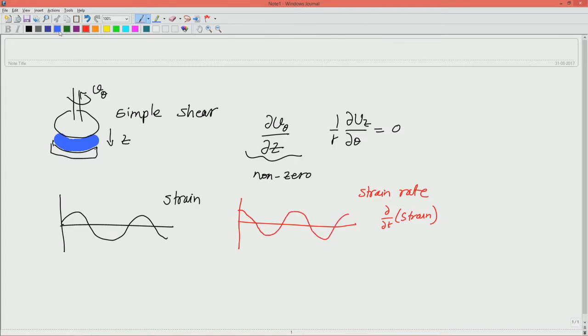And so, if you look at the stress itself, stress will be in phase with strain rate. So, this is the stress. So, therefore, stress and strain rate are in phase, while stress and strain are out of phase.